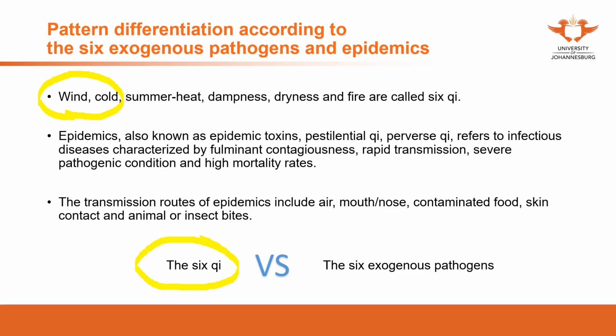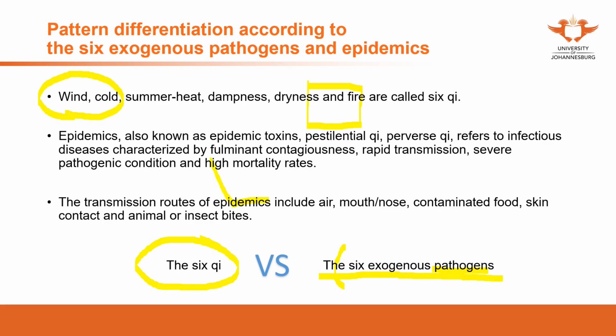So in this condition, when we talk about your friend's problem, someone was sick, it is because he was attacked by the wind and the cold pathogens. So that's from the 6 exogenous pathogens.